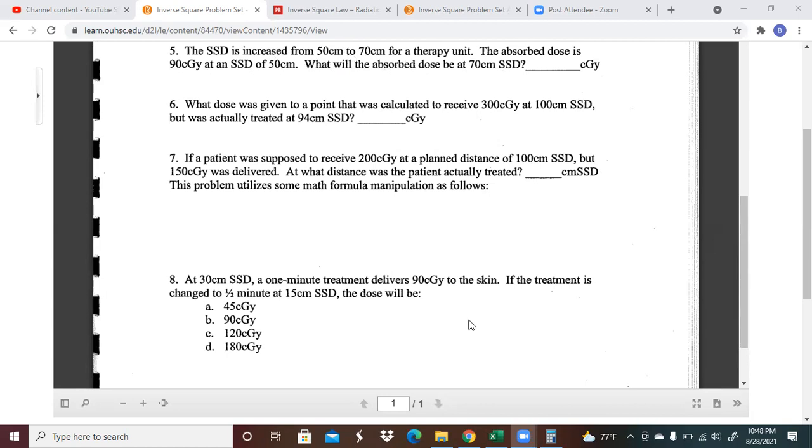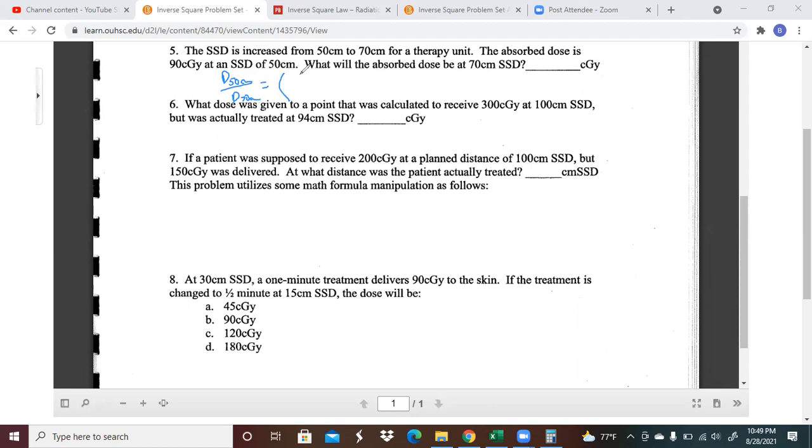So let's take a look here. Got the annotation going. All right. So the dose at 50 cm divided by the dose at 70 cm is going to end up being equal to, let's see, you should have a higher dose here than what you do here.